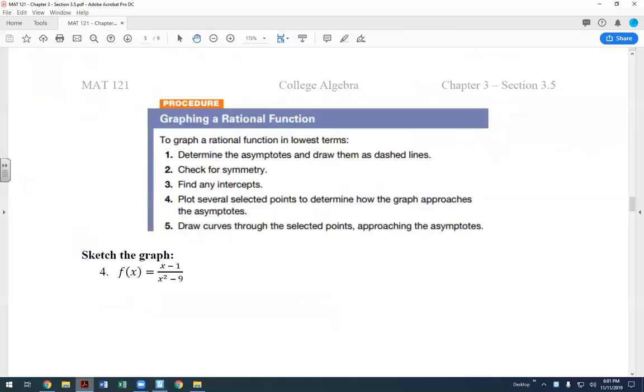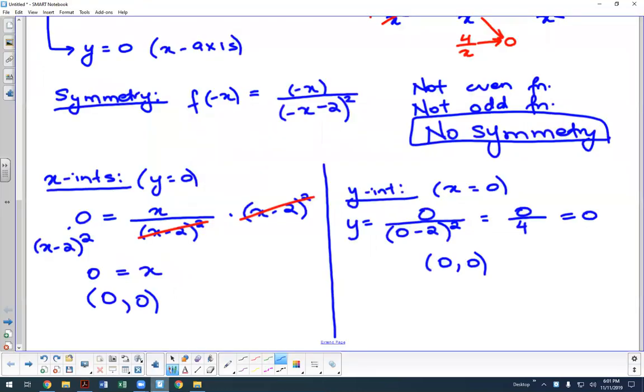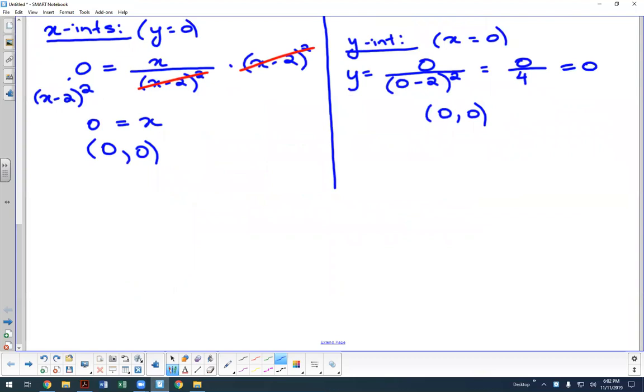All right, so we found our asymptotes, we checked our symmetry, we have found the intercepts, which happens to be the same point. Now they're talking about finding other points to plot and see what kind of shape we get. So let's take a look at what other points we can use.